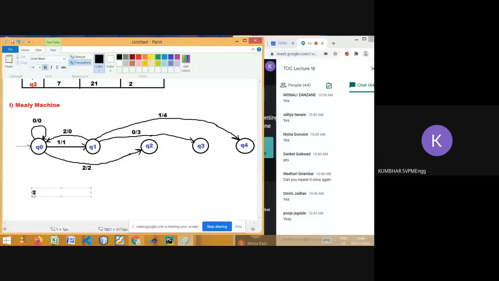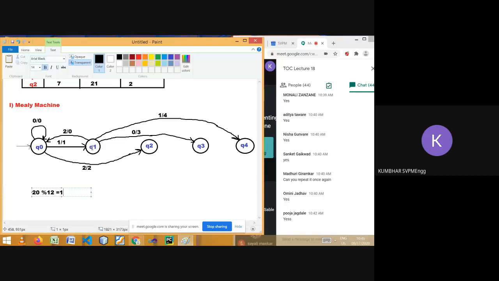We are in Q2 means 2 is already there. If we read 0, 2 0 means what? 6. Yes, 2 0 means 6. Correct. 6 mod 5 means 1 remainder. So from Q2, after reading 0, we will go to the 1 remainder state, that is Q1.